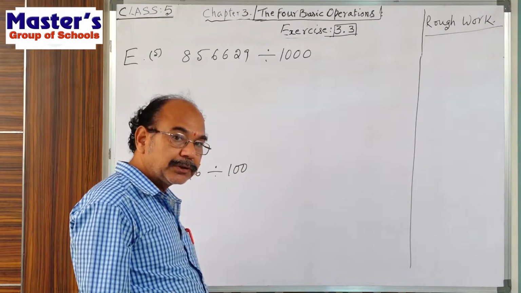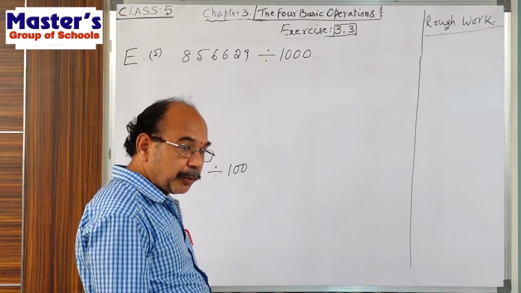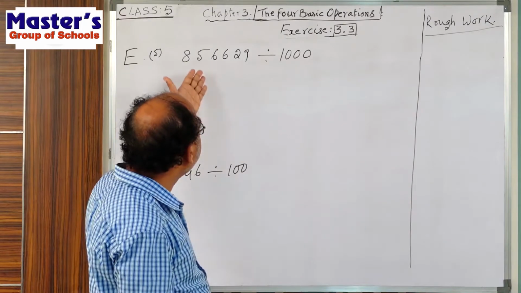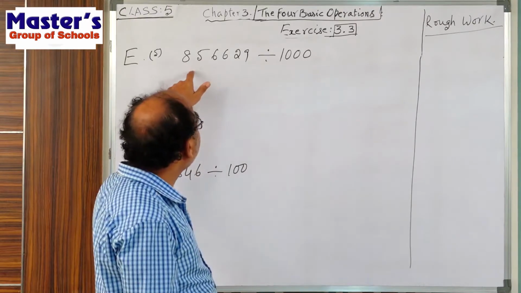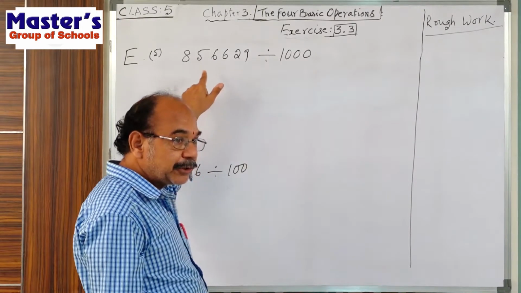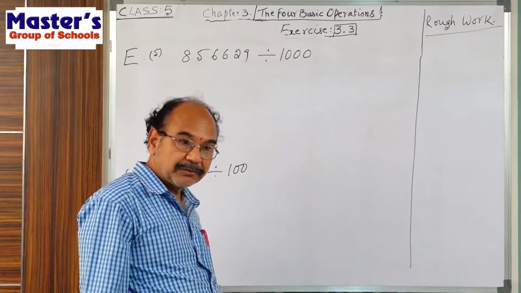They will occupy the remainder place. What are the remaining digits? 8, 5, 6. The remaining digits occupy the place of the quotient.